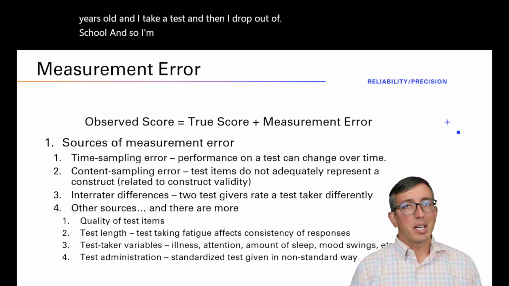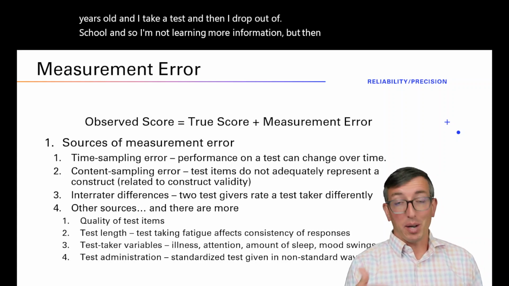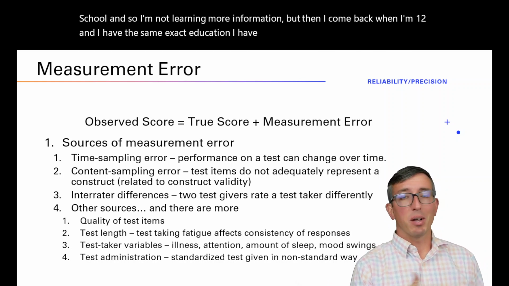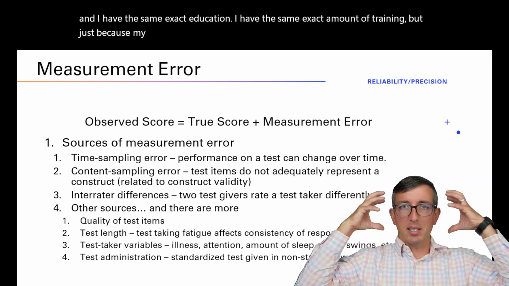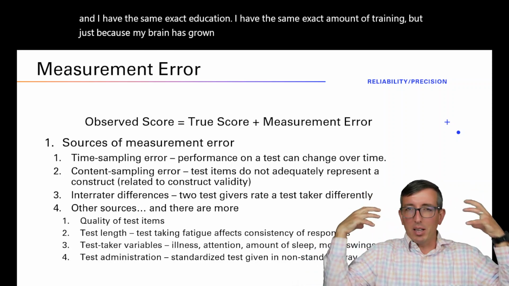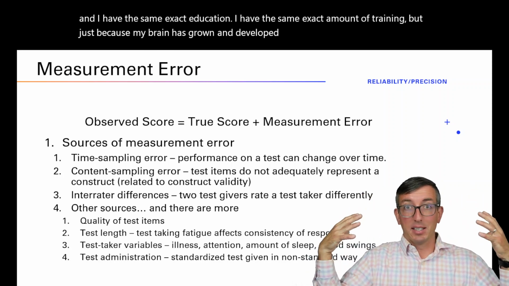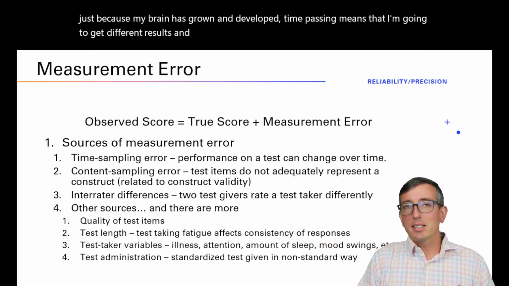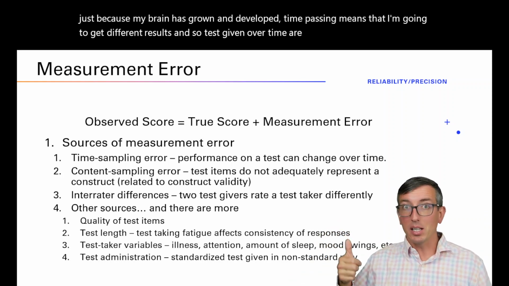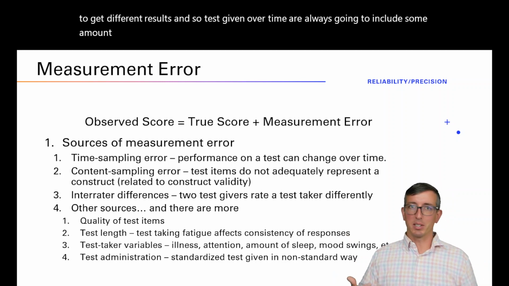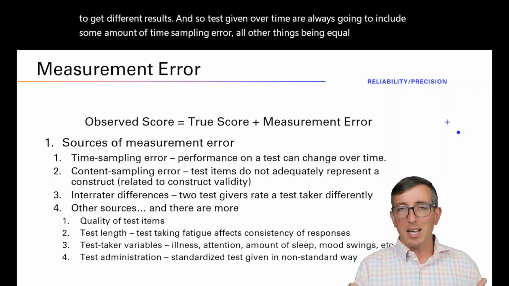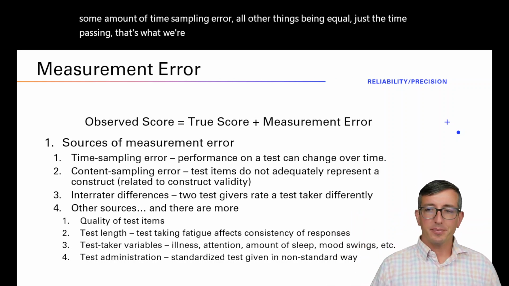And so I'm not learning more information, but then I come back when I'm 12 and I have the same exact education, I have the same exact amount of training, but just because my brain has grown and developed, time passing means that I'm going to get different results. And so tests given over time are always going to include some amount of time sampling error. All other things being equal, just the time passing. That's what we're talking about here.